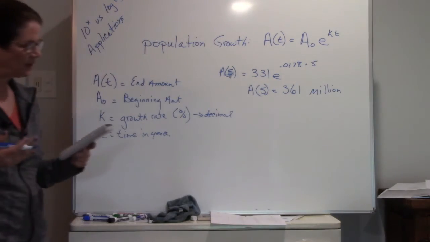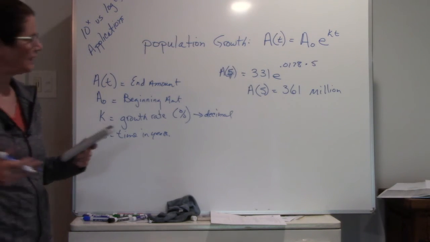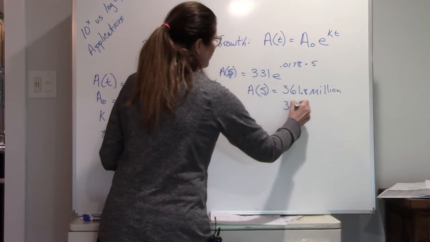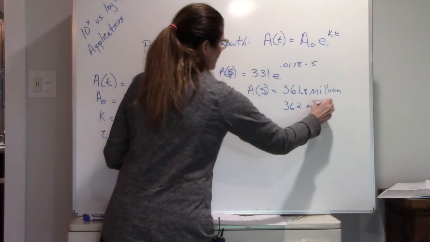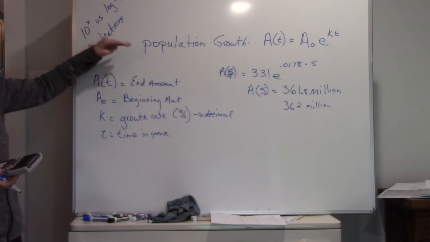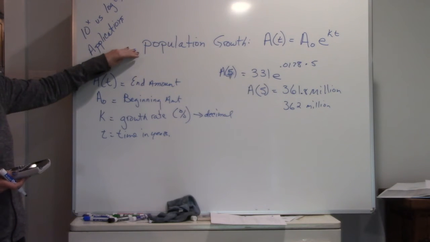If I rounded it, it's because it's 361.8, so you can do it that way, or around 362 million. I would accept either answer. Okay, so that's how you use your population growth formula.